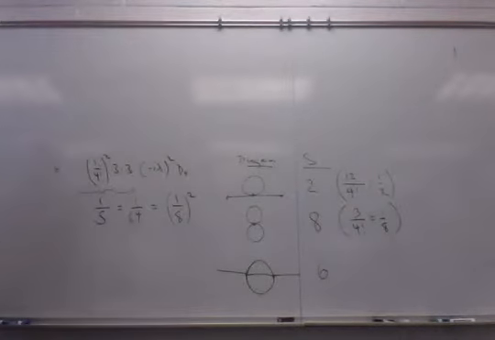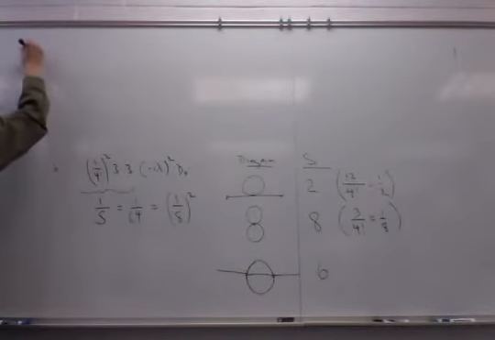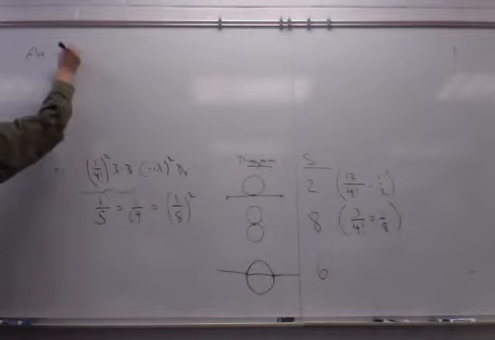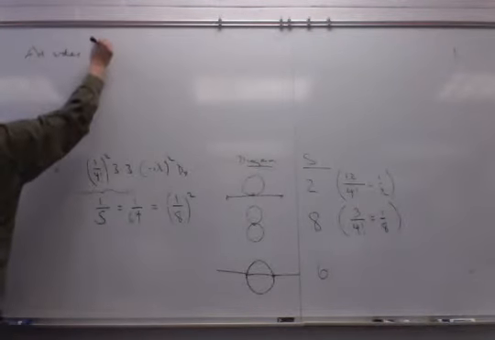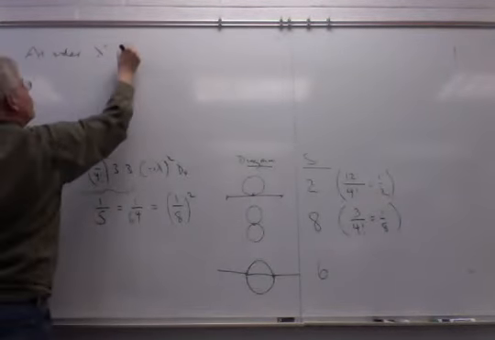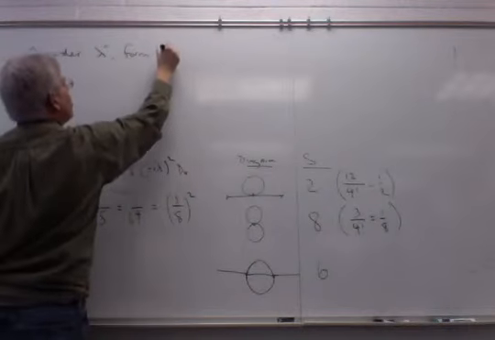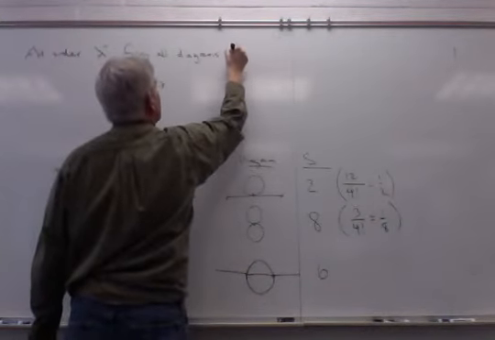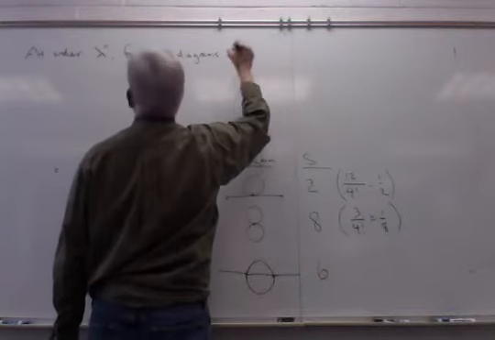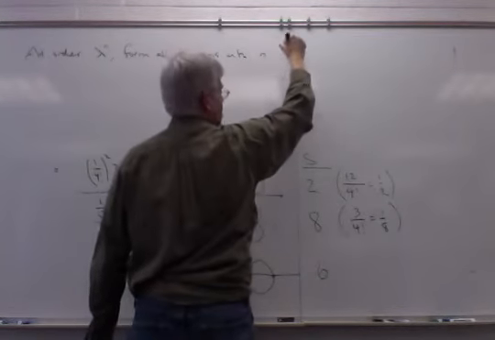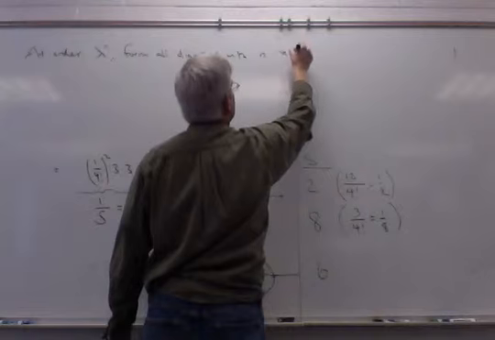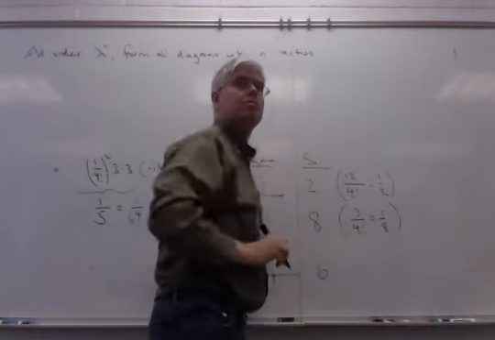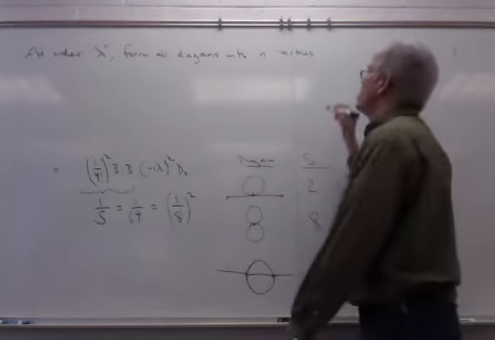So, at order lambda to the n, form all diagrams with n vertices and 2 endpoints, x and y.